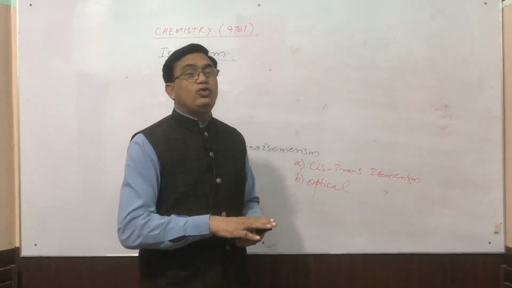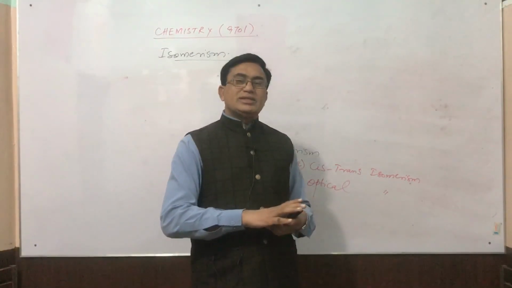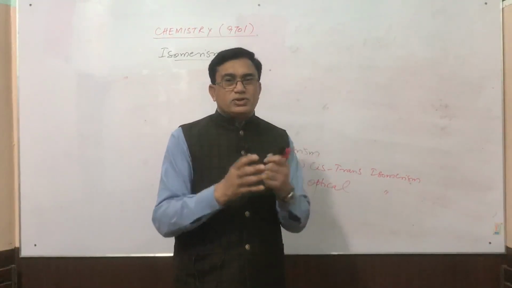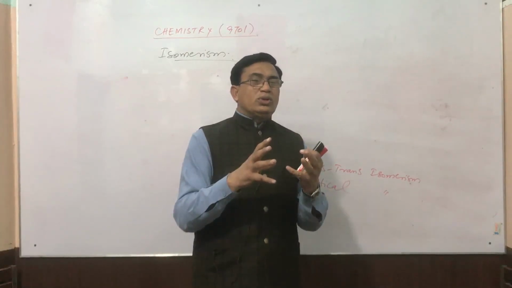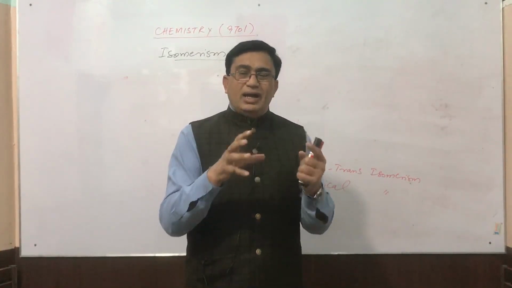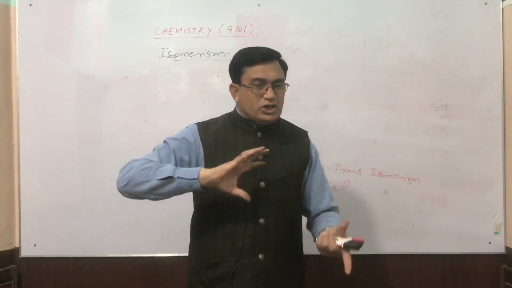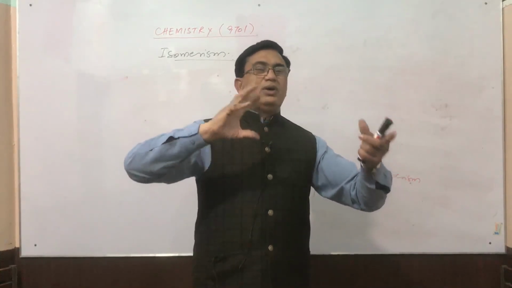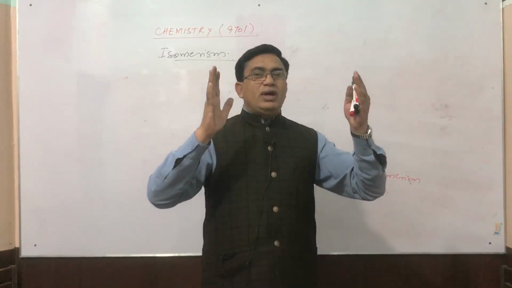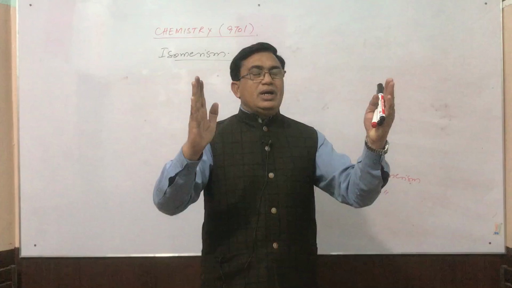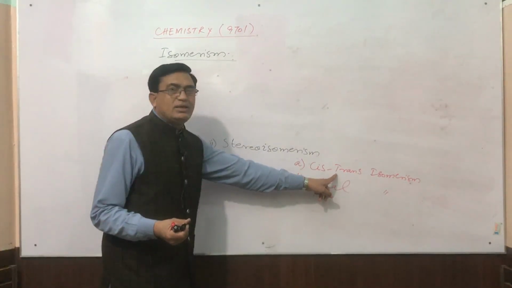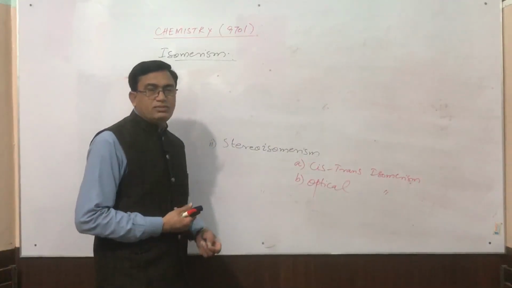And if they have two different groups, during their synthesis the groups attain different positions, and due to the pi bond in the double bond, which restricts the free rotation of the groups attached to the carbon atom, they attain a fixed position. That creates a new type of isomerism which is called cis-trans isomerism.